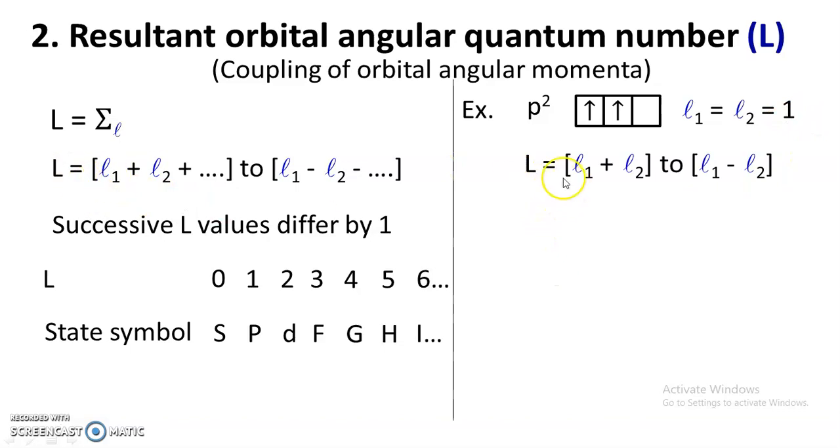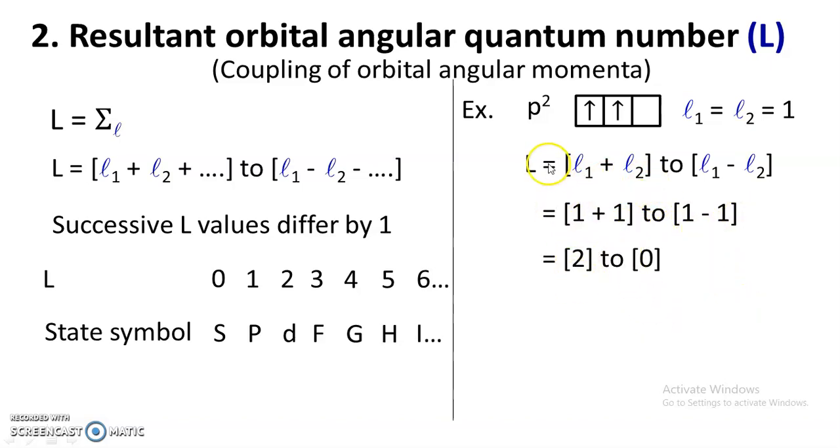So as per this formula, L is equal to L1 plus L2 to L1 minus L2, let us find out the resultant orbital angular quantum number. When we substitute the values of L1 and L2, we get 1 plus 1 to 1 minus 1.